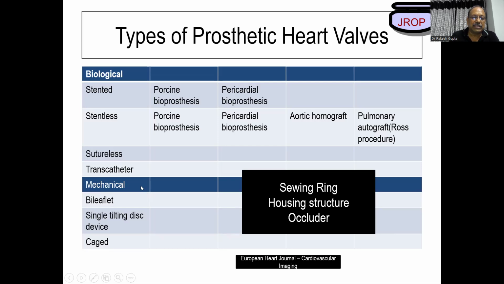Amongst the mechanical valves used in day-to-day practice, bileaflet is the most commonly used valve as of today, being marketed by many companies. Single tilting disc device is less common now, and the majority of the time we are not using ball and cage. It's a very heavy valve which we utilize in day-to-day practice. The commonest is bileaflet, single is second, and third is rarely the caged mitral valve prosthesis in this subset of populations.